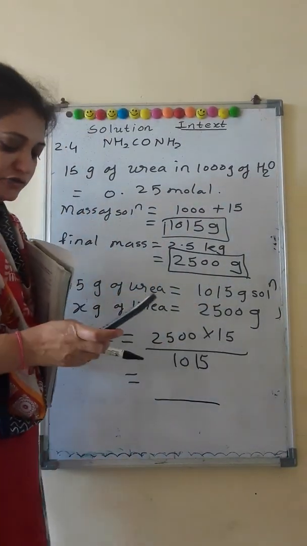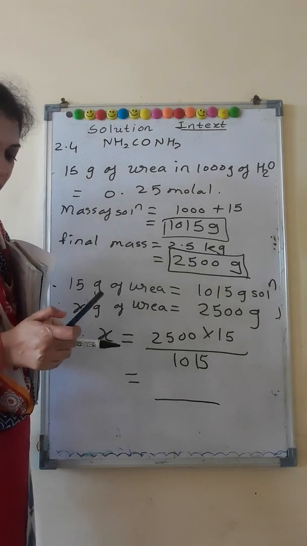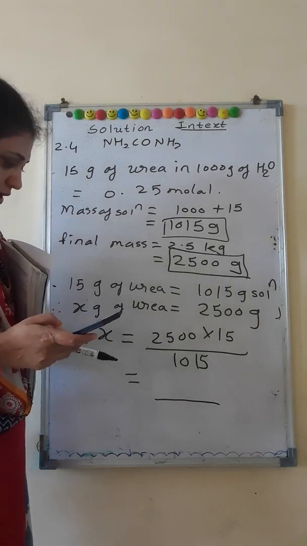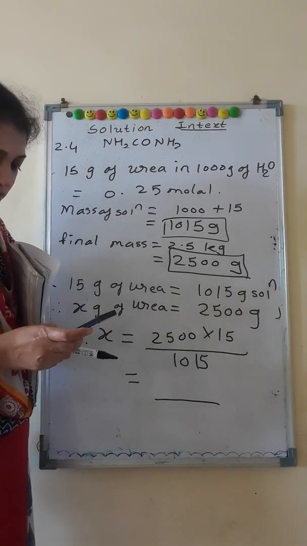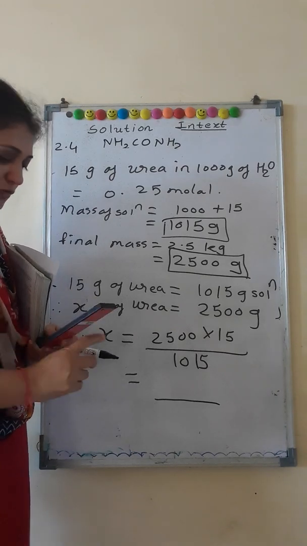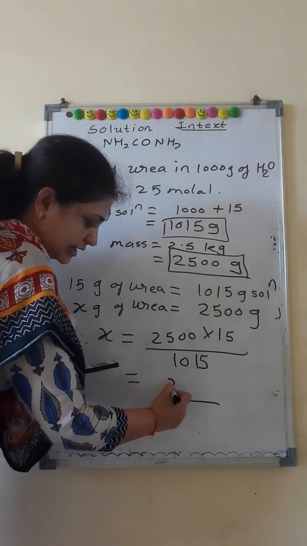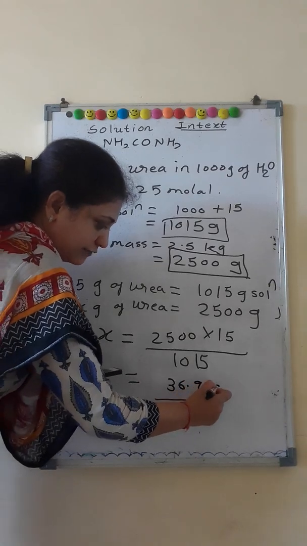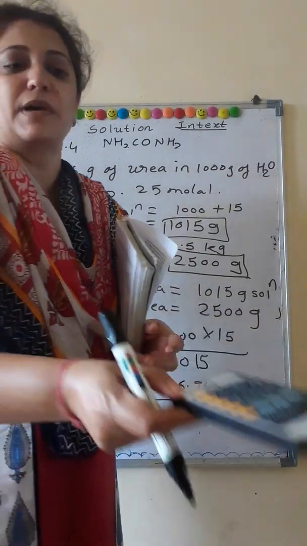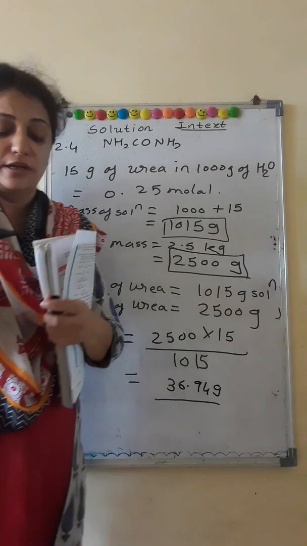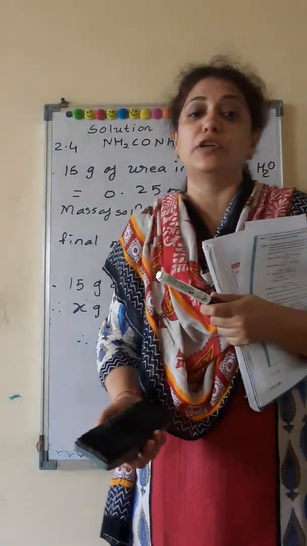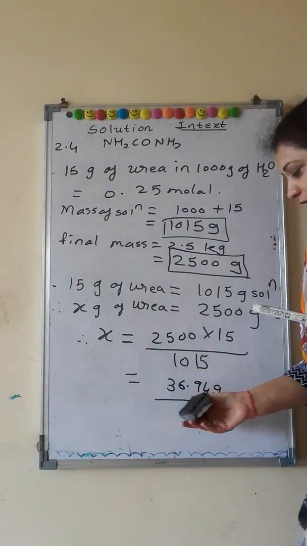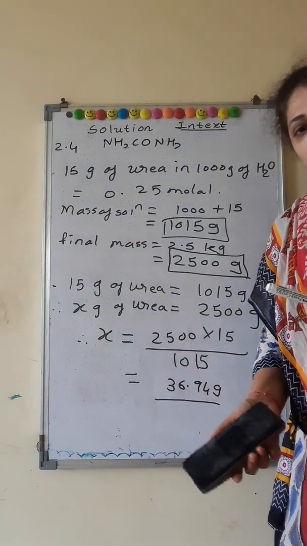Let me calculate it using calculator: 2500 multiplied with 15 divided by 1015, which is equal to 36.94 gram. This is my final answer, that for preparing 0.25 molar solution of urea, I have to dissolve 36.94 gram of urea.